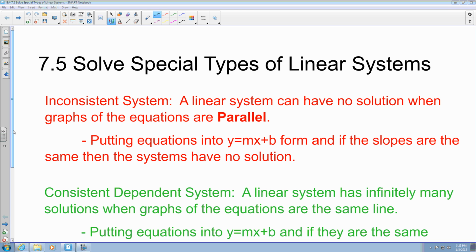So for a system to have no solutions, that is called an inconsistent system.